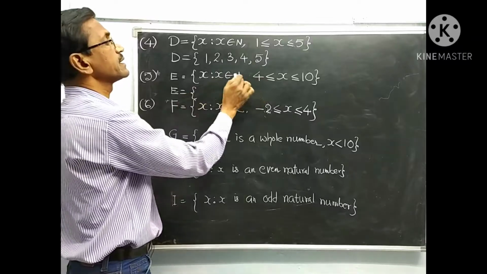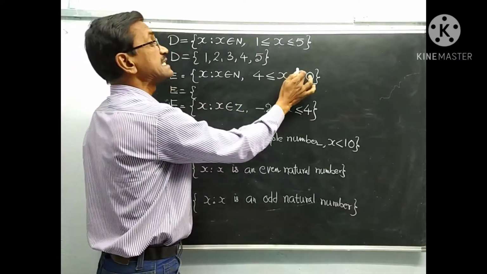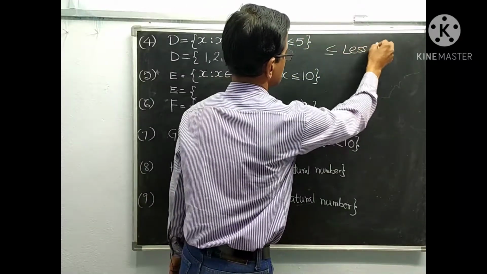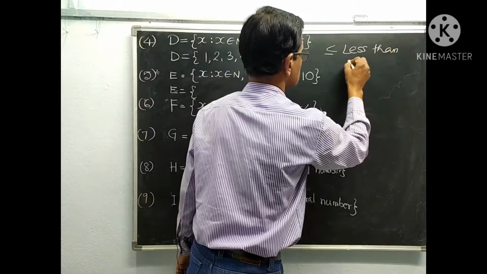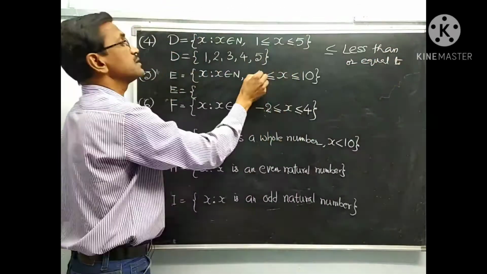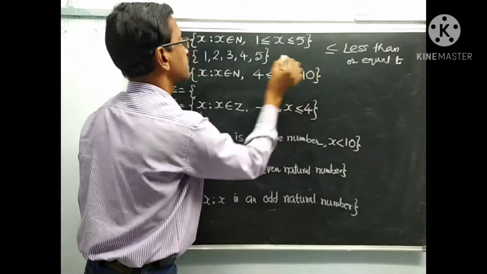Next example, E. E is equal to x such that x belongs to N, 4 less than or equal to x less than or equal to 10. The symbol represents less than or equal to. That's why, first of all, let us write the numbers between 4 and 10.